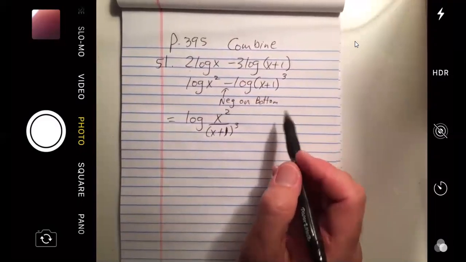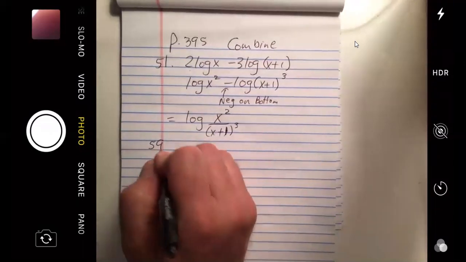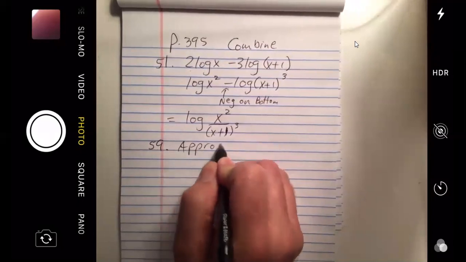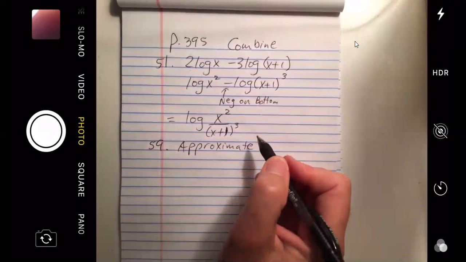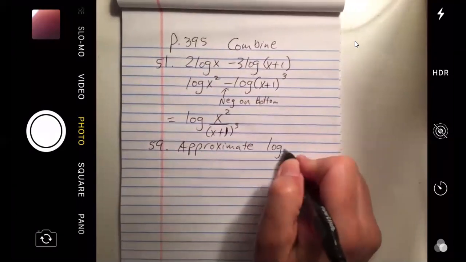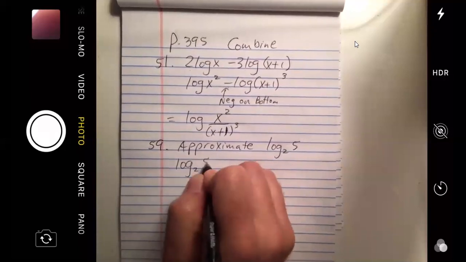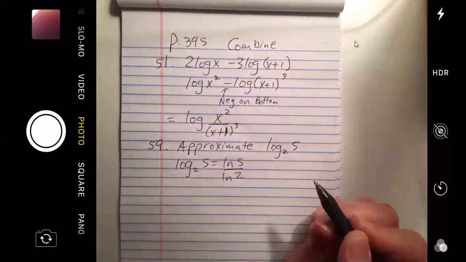Questions about this? I can't remember if I had you do something like 59 or not, but that's just an exercise in change of base. They want you to approximate log base 2 of 5. So you'd write that as ln of 5 divided by ln of 2.